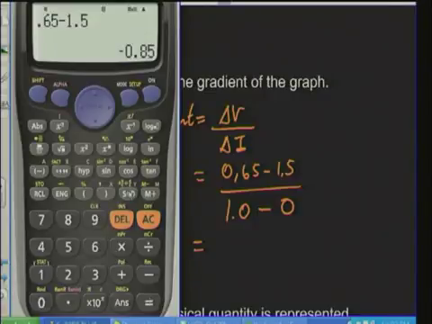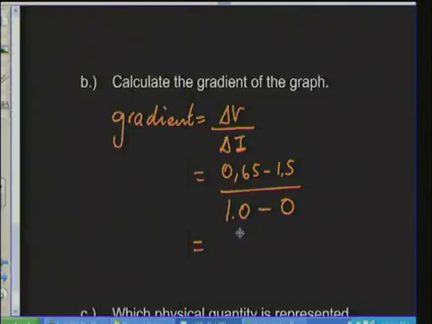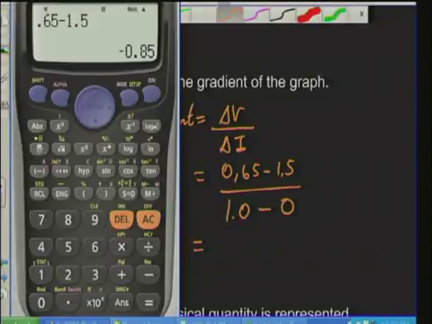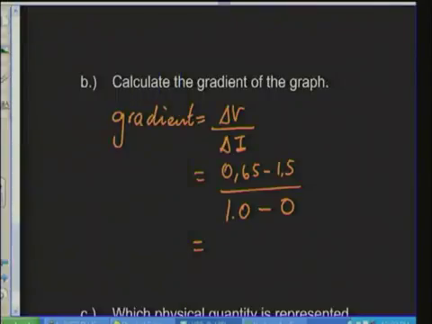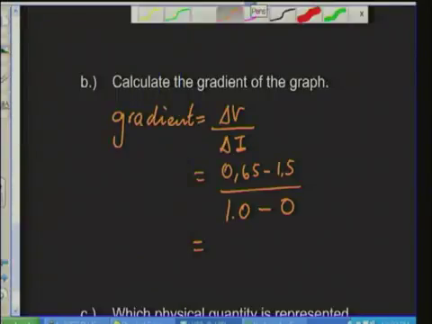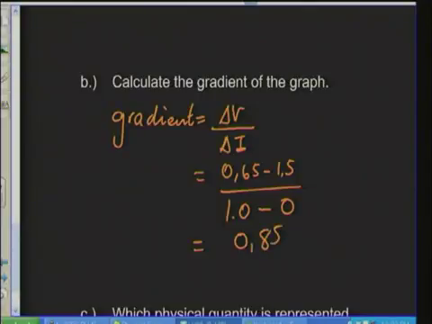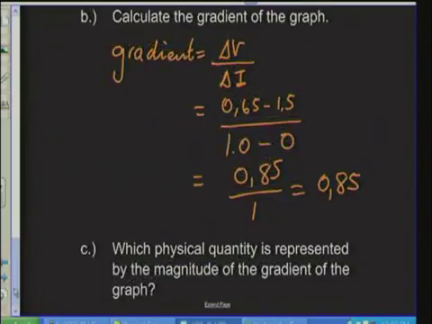Of course, you're going to get a negative answer, but the negative doesn't really make any difference here. So you've got minus 0.85 divided by 1. This is minus 0.85 because it's a negative gradient, but what it means is that your gradient is therefore 0.85.